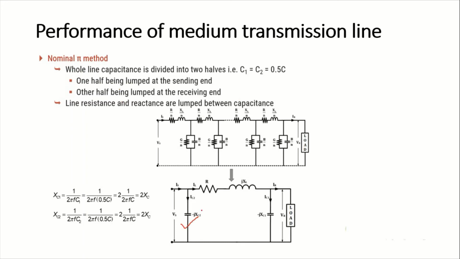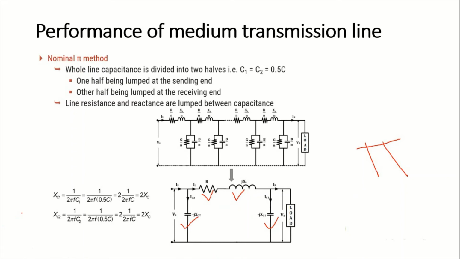This looks like the pi symbol, so it is called the nominal pi method. The line resistance and reactance are lumped between the capacitances, so the resistance and inductance values remain unchanged.